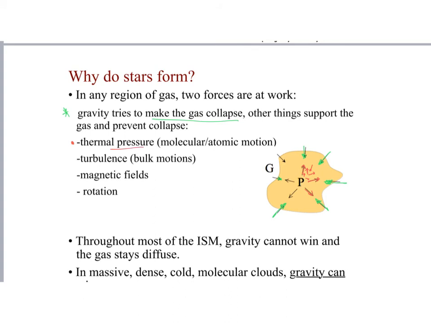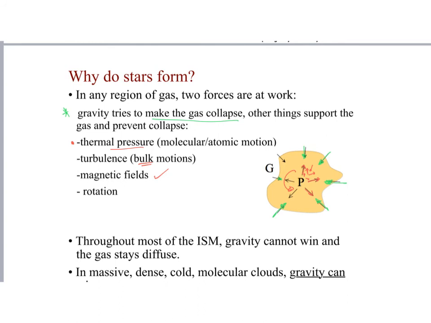That's called thermal pressure. Sometimes there are bulk motions, not just individual atomic motion, where atoms move together, and that's called turbulence. Or sometimes there are magnetic fields, or the cloud rotates, which adds more motion that is going to prevent the push inward of the gravity.